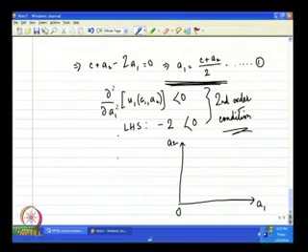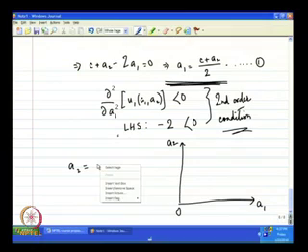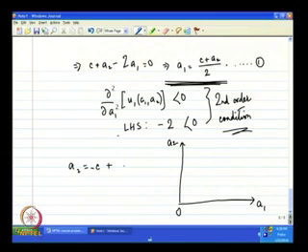Now, this can be simplified as A2 is equal to minus C plus 2A1, which means it has a slope of 2 and an intercept of minus C. In particular, if A1 is 0, A2 is minus C. If A2 is 0, A1 is C divided by 2.